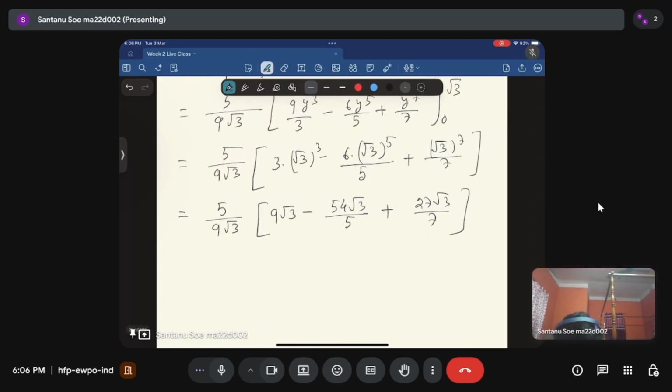Okay. So this is again 5 divided by 9 root 3 and this is 35, and 35 times 9 is 315.